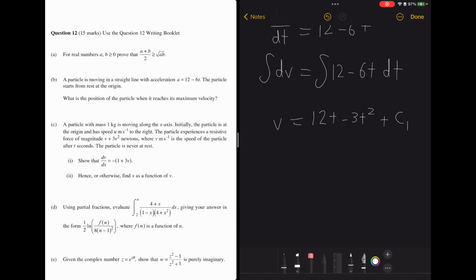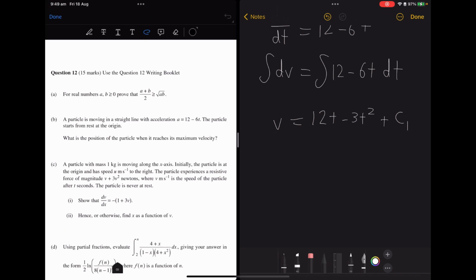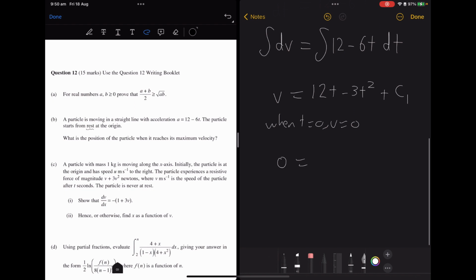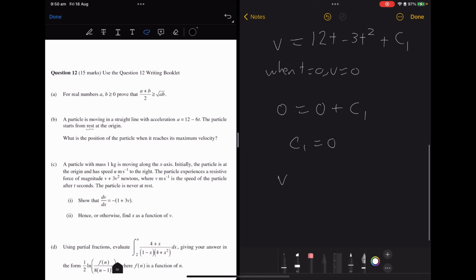Looking at the question, the particle starts from rest at the origin. What rest means is you just have an initial velocity of 0. So when t equals 0, v equals 0, hence 0 equals 0 plus c1. So c1 equals 0, and it's just v equals 12t minus 3t squared.